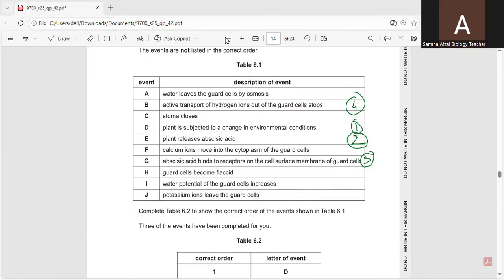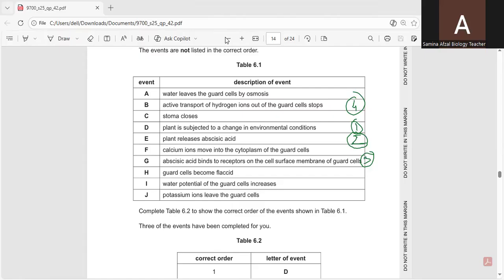So as a result, the active transport of hydrogen ions out of the guard cells will stop, because this inhibits the proton pumps that normally pump the hydrogen ions out, maintaining the negative membrane potential and facilitating the potassium uptake.